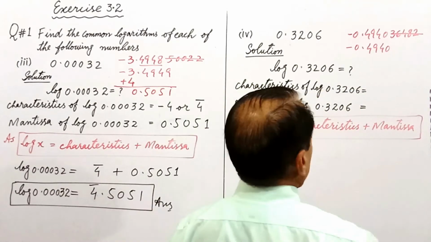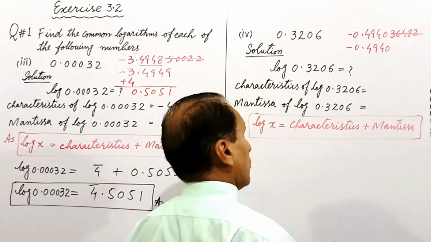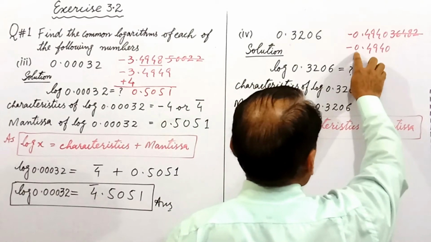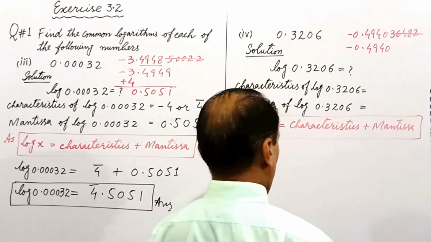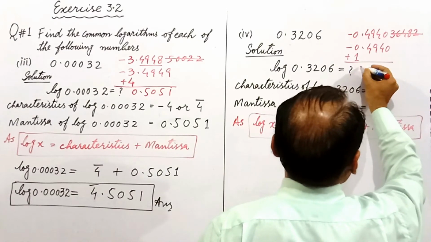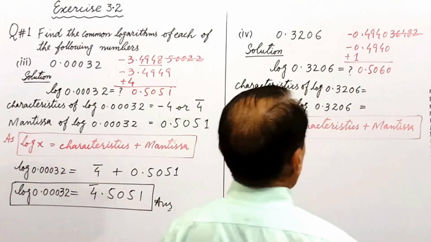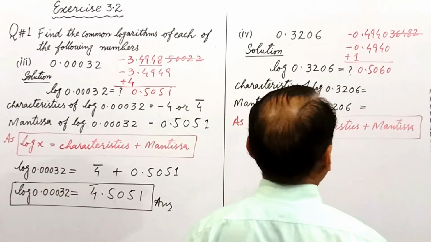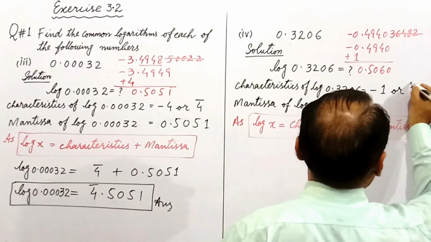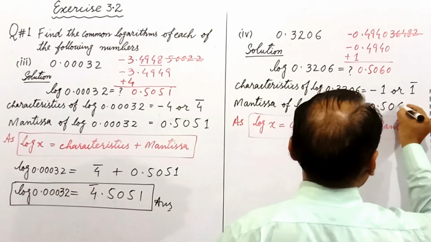As we know, the mantissa is negative as well as the characteristic, so we have to convert it into positive. For this, since we have 0, we add 1 to it, and we get 0.5060. Now the number which is added to make the mantissa positive is the characteristic, meaning minus 1 or 1 bar, and the positive mantissa will be 0.5060.